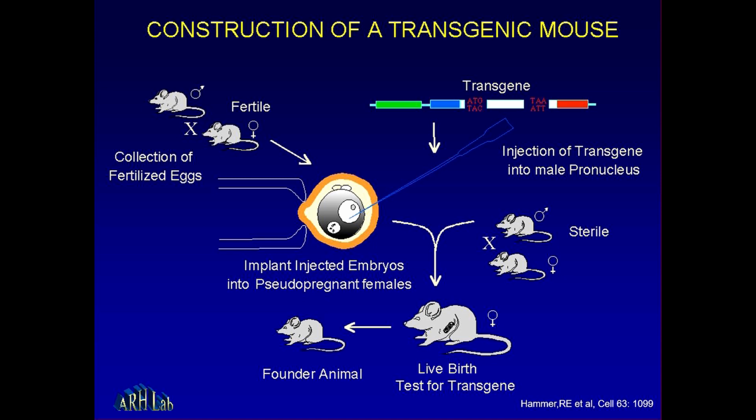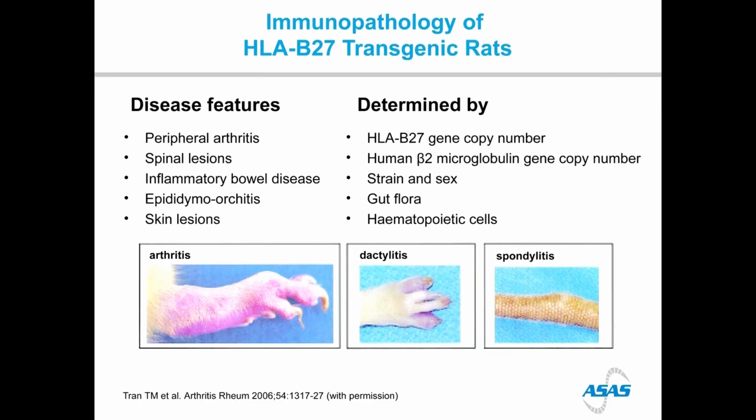And what they found, interestingly, is that these mice developed many of the features of a seronegative spondyloarthropathy, and specifically they had a peripheral arthritis, they had spinal lesions, and this shows the peripheral arthritis here.